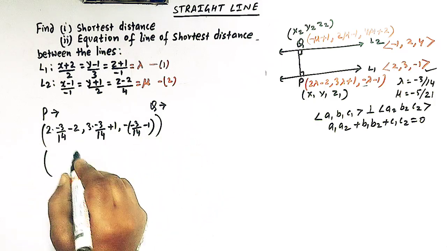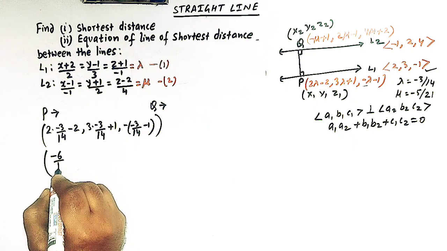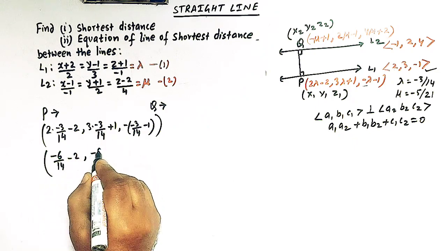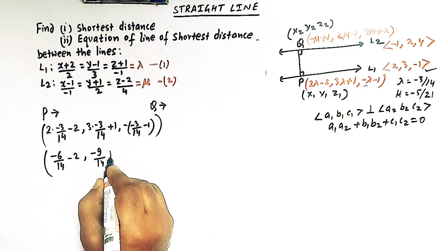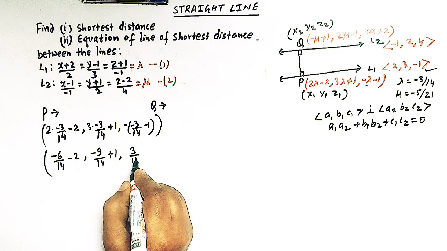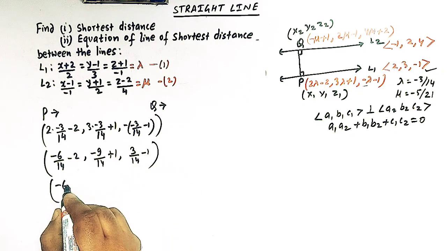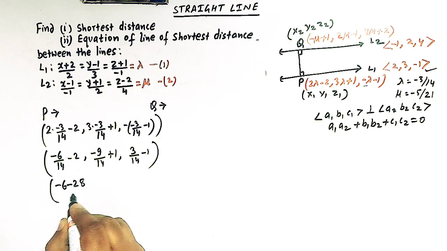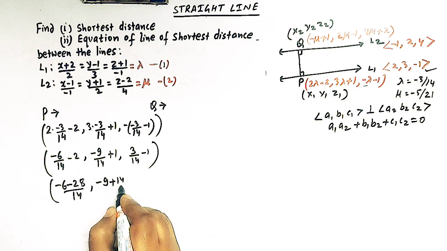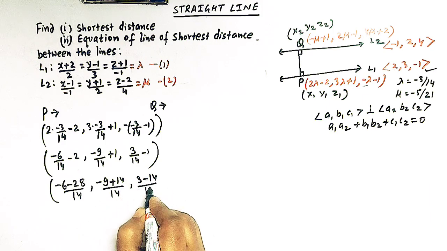Okay, so now simplifying, we have here minus 6 over 14 minus 2, then we have 3 times minus 3 is minus 9 over 14 plus 1, and here we have minus minus plus, so we have 3 over 14 minus 1. So here we have minus 6 minus 28 over 14, then we have minus 9 plus 14 over 14, then we have 3 minus 14 over 14.